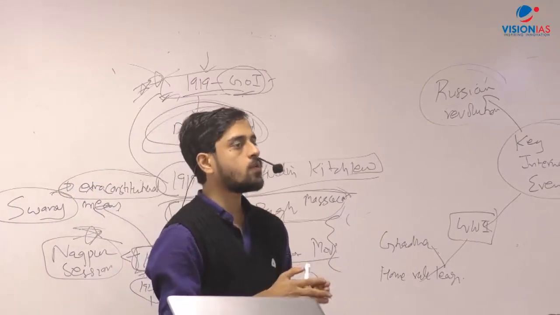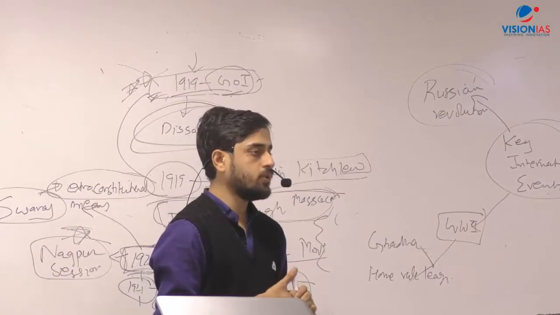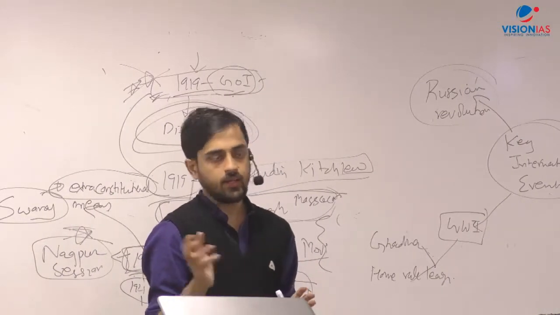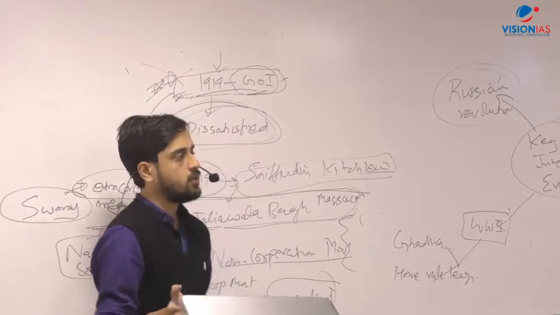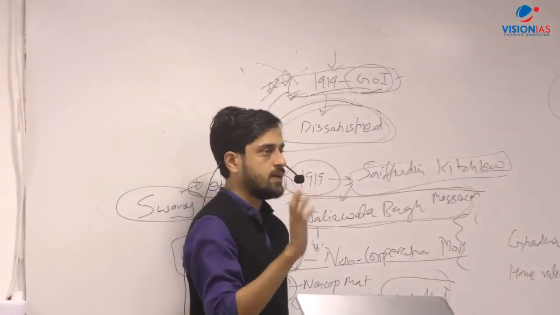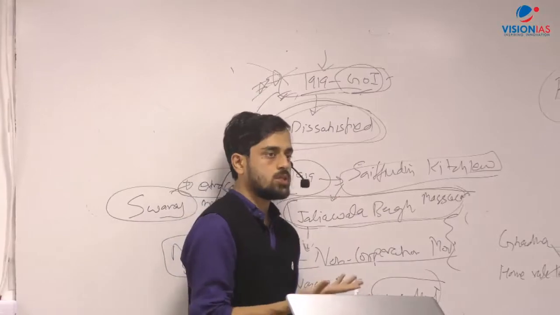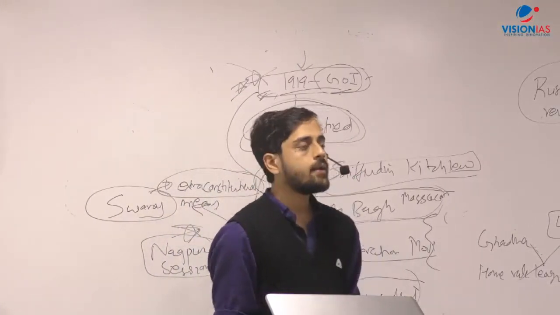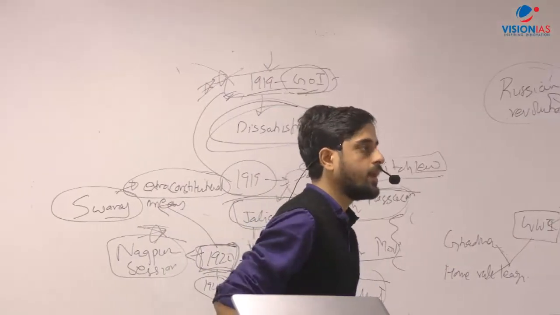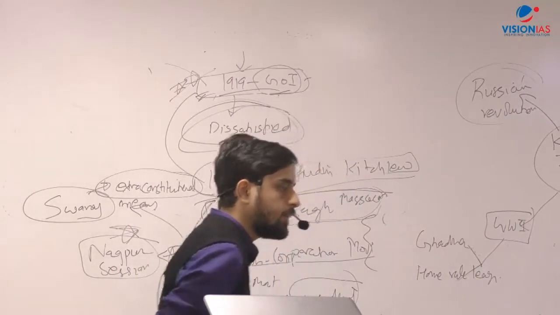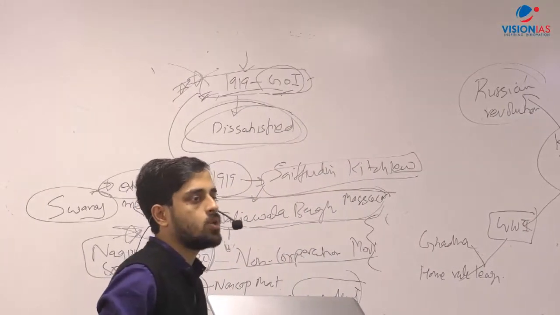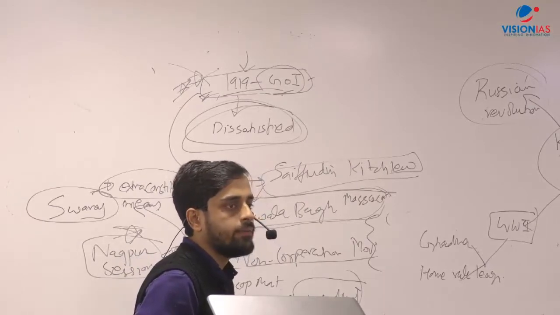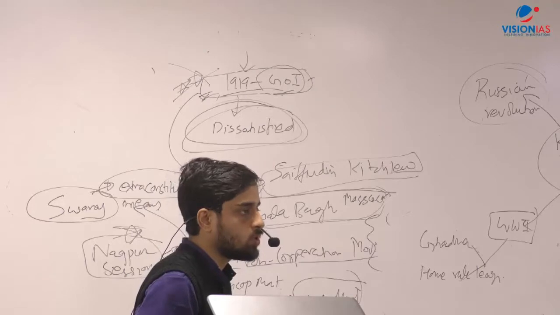Firstly, through an attempt, that was the February Revolution. In 1917, they tried twice, once in February, another in October. So the October Revolution, after the 1917 revolution, Lenin and Trotsky primarily overthrew the Russian monarch, and supported by their supporters, they basically took over the control of the government.